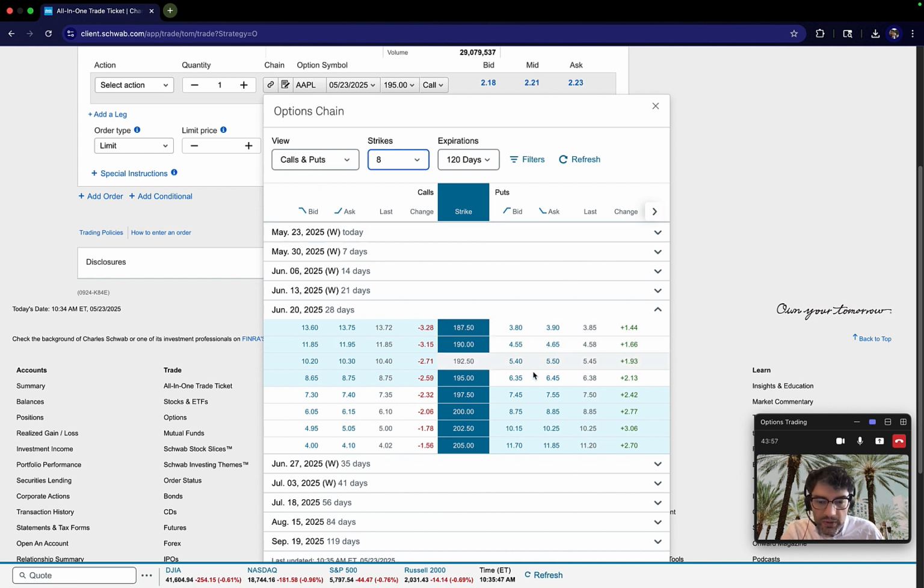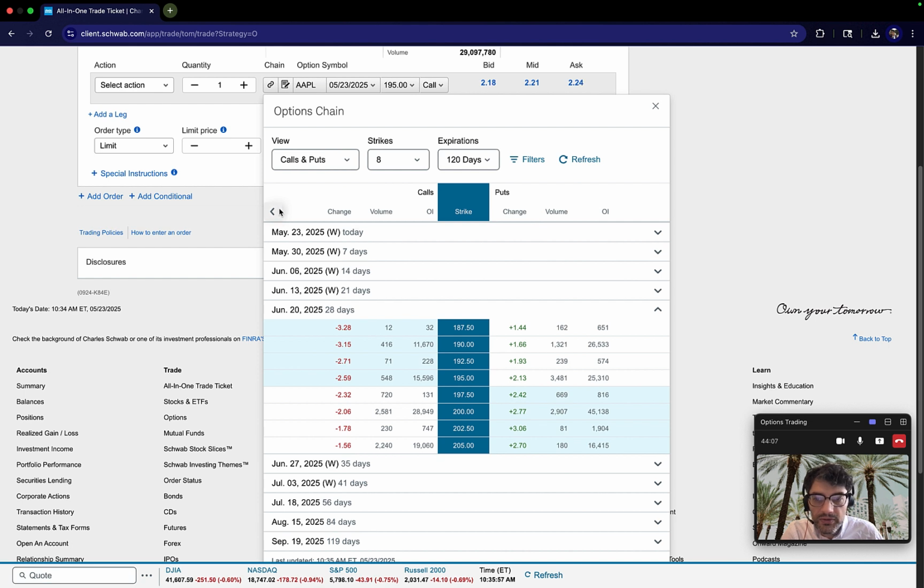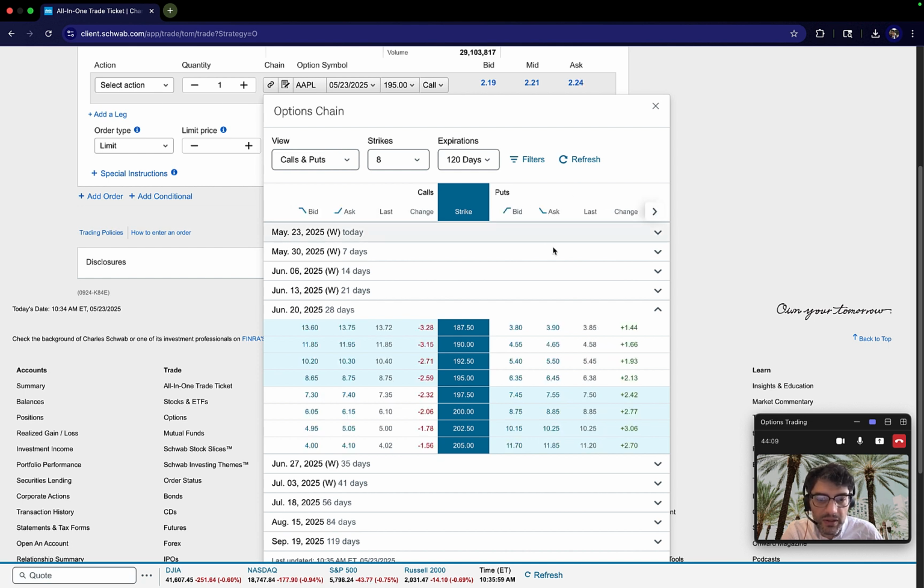So what do we want to look for when we're doing a cash secured put? Well, we want to look for this delta. Actually, delta is not appearing here. Let me actually, so this is just one way of doing it.